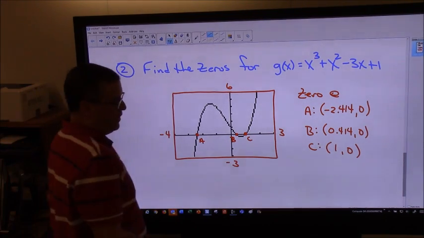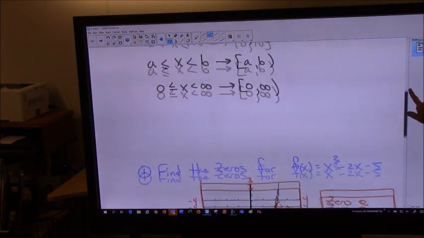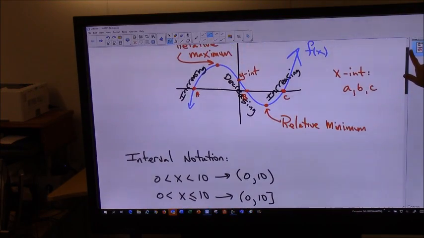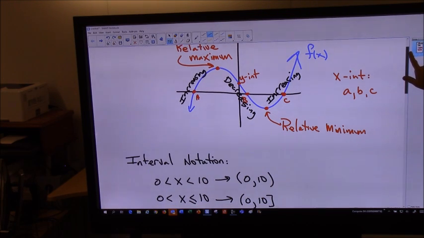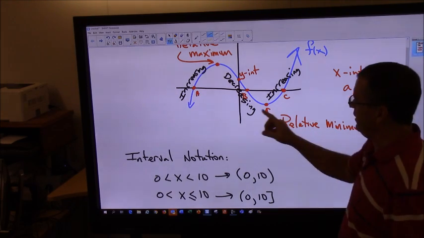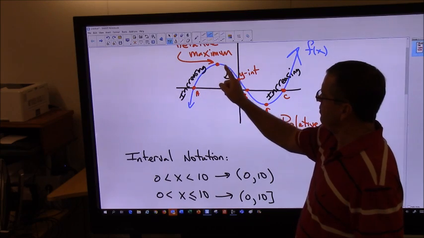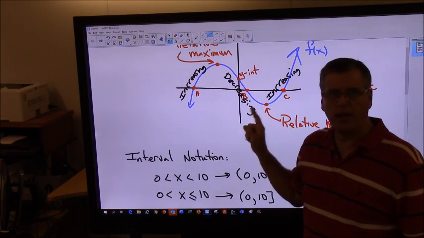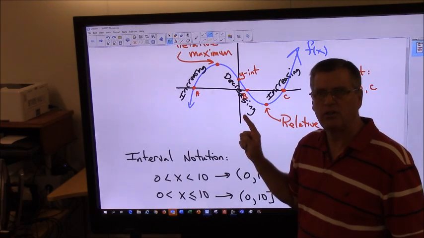So the other things that we've talked about here are we have to be able to find relative maximums and minimums, and also where our function is increasing or decreasing. Let me tell you the number one thing that people struggle with on this. When you're talking about where a function is increasing or decreasing, you're not talking about the y values. You are only talking about the x values.